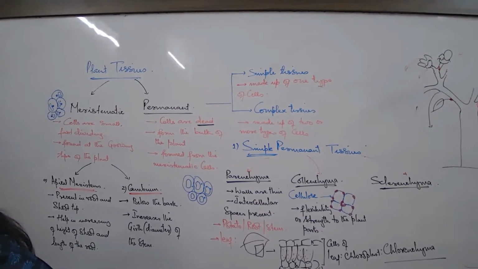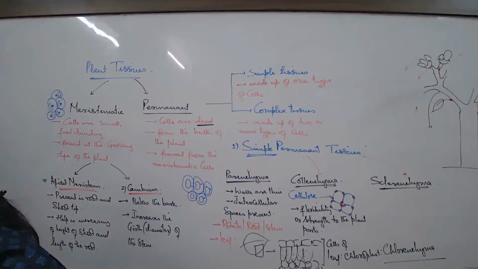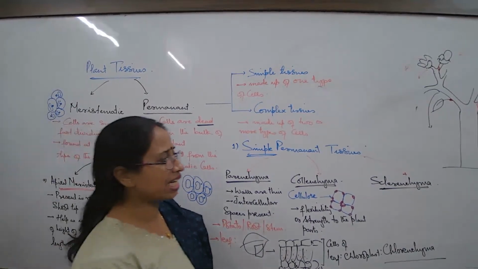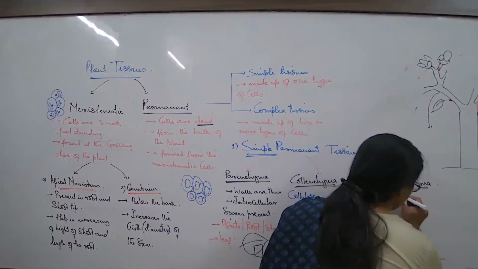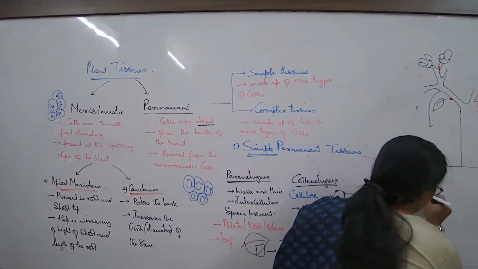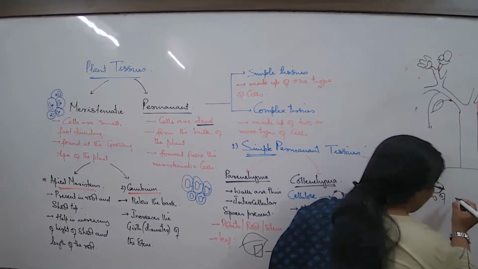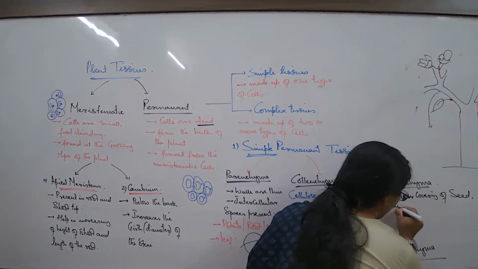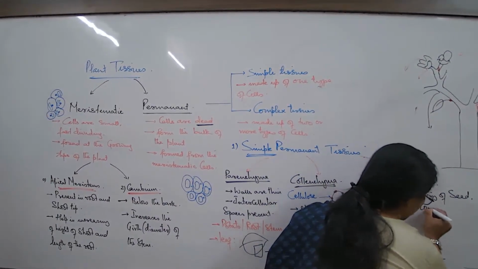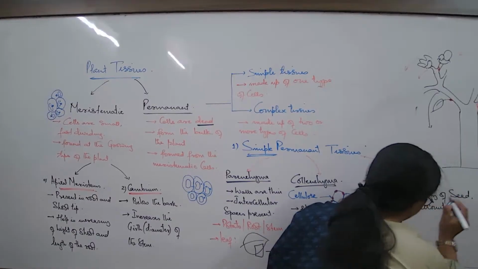All dead. So if I talk about all these examples, where is sclerenchyma present? Sclerenchyma forms the outer covering of the seed. It forms the husk of the coconut.